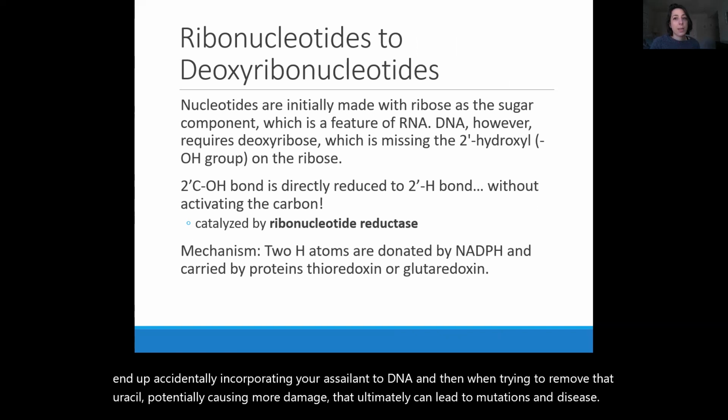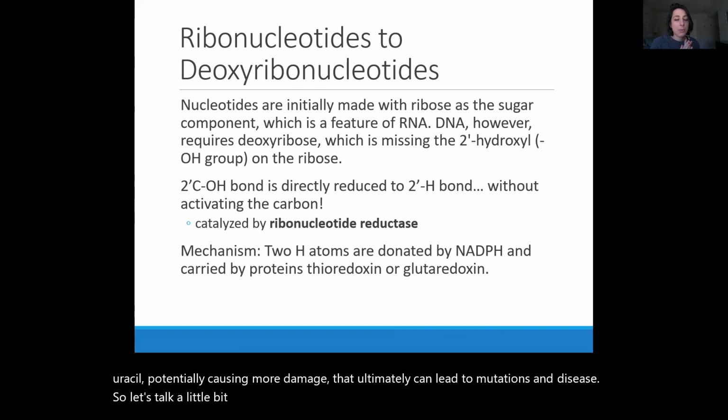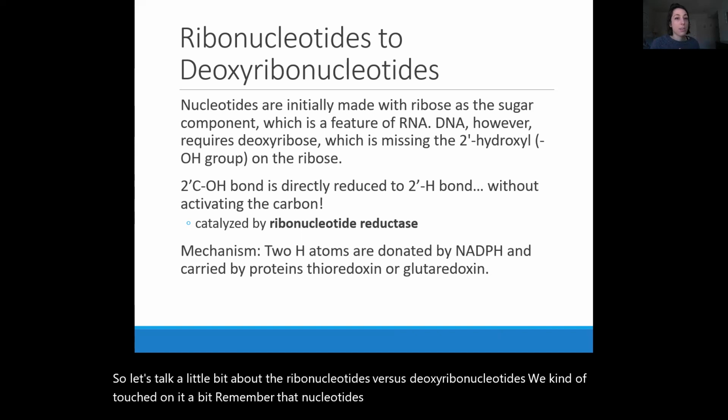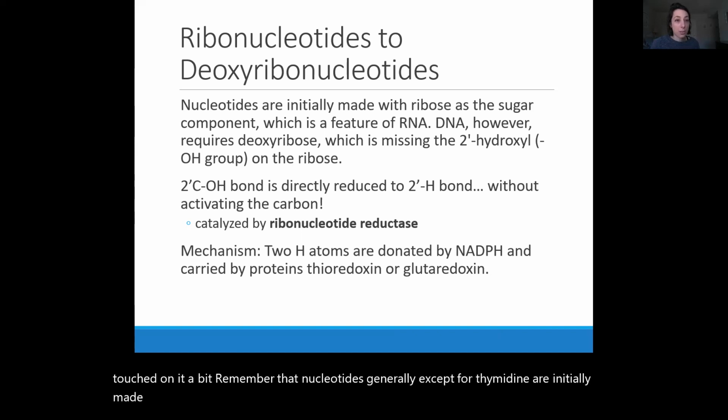So let's talk a little bit about the ribonucleotides versus deoxyribonucleotides. We've kind of touched on it a bit. Remember that nucleotides, generally, except for thymidine, are initially made with ribose as the sugar, which is in RNA. But DNA, of course, uses deoxyribose, right?